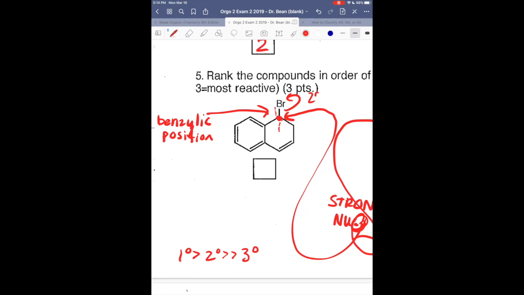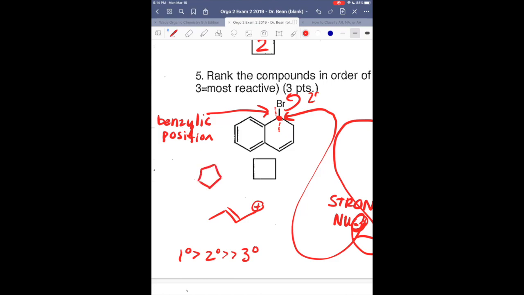You can think of it in a sense of forming a carbocation, but that is going to be more stable in comparison to if you just had that, for example.